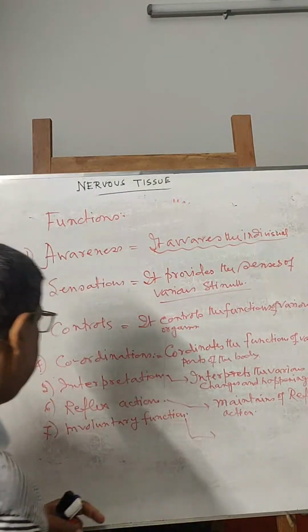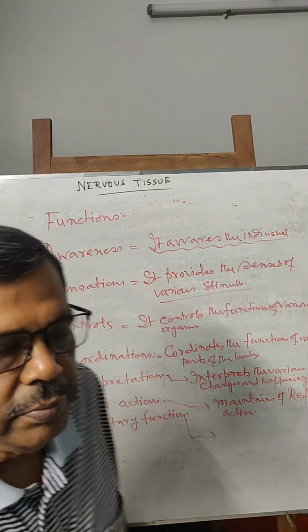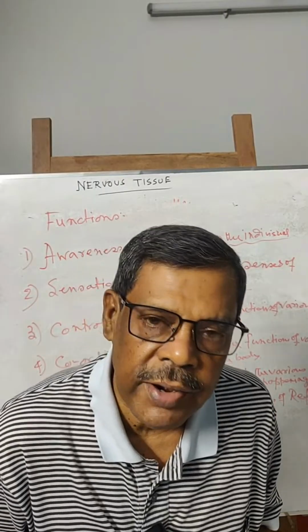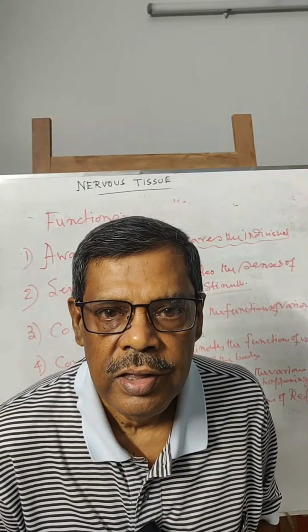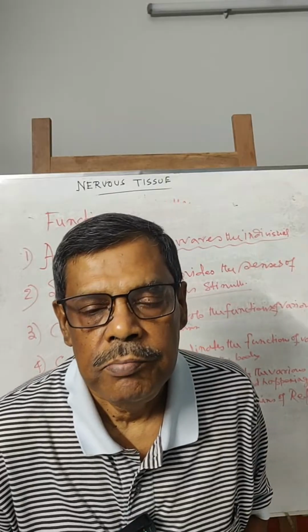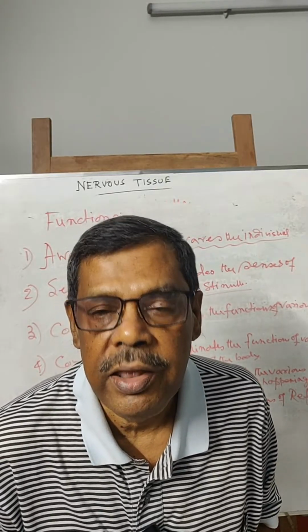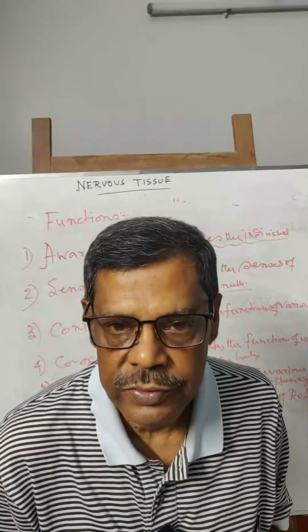Next, involuntary functions. It provides involuntary functions, that is, the part of the nervous system called the ANS, the autonomic nervous system.